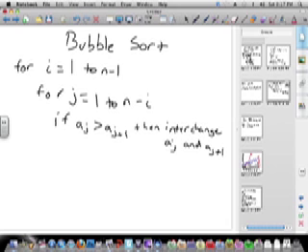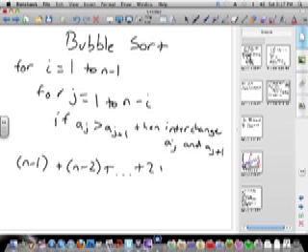During this pass, n minus i comparisons are used. Consequently, the total number of comparisons used by bubble sort to order a list of n elements is n minus 1 plus n minus 2 plus all the way to 1, which in turn equals (n minus 1) times n over 2.